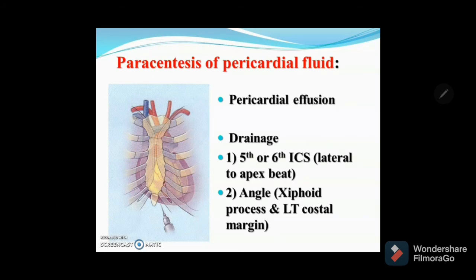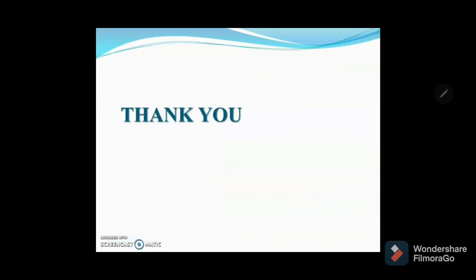Then in case of pericardial effusion, we do paracentesis by passing the needle in the left costoxiphoid angle, or in the 5th and 6th intercostal space here. You are passing the drainage tube with the needle.